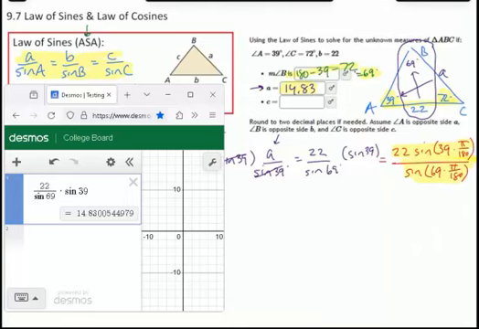Okay, to find C, we do the same thing. So we take our unknown, C is opposite angle C, so C over the sine of that angle opposite it, 72 degrees, is equal to the known ratio, which doesn't change, so I can keep that same known ratio.